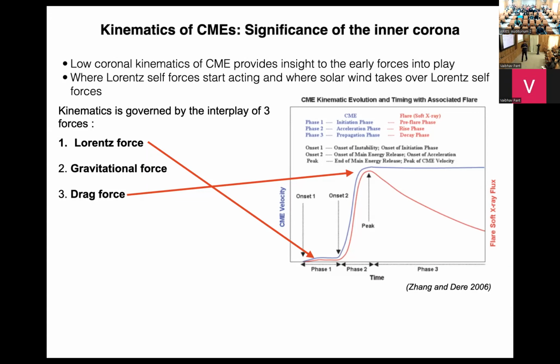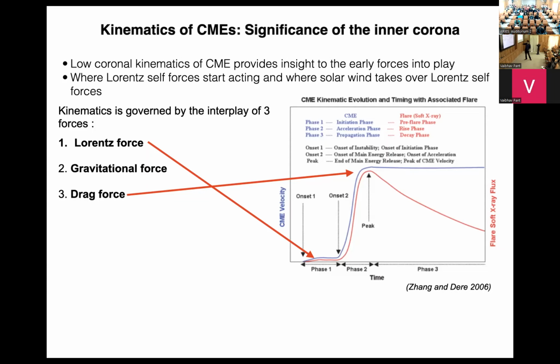These different forces act at the same time, but different forces dominate at different distances. Very near the Sun, the Lorentz force dominates because it is an electromagnetic force, J cross B, and it will anyway dominate over the gravitational force. You remember the solar wind solution: the velocity increases and then saturates at about 400 km/s, assuming thermal winds, without including additional complexities.